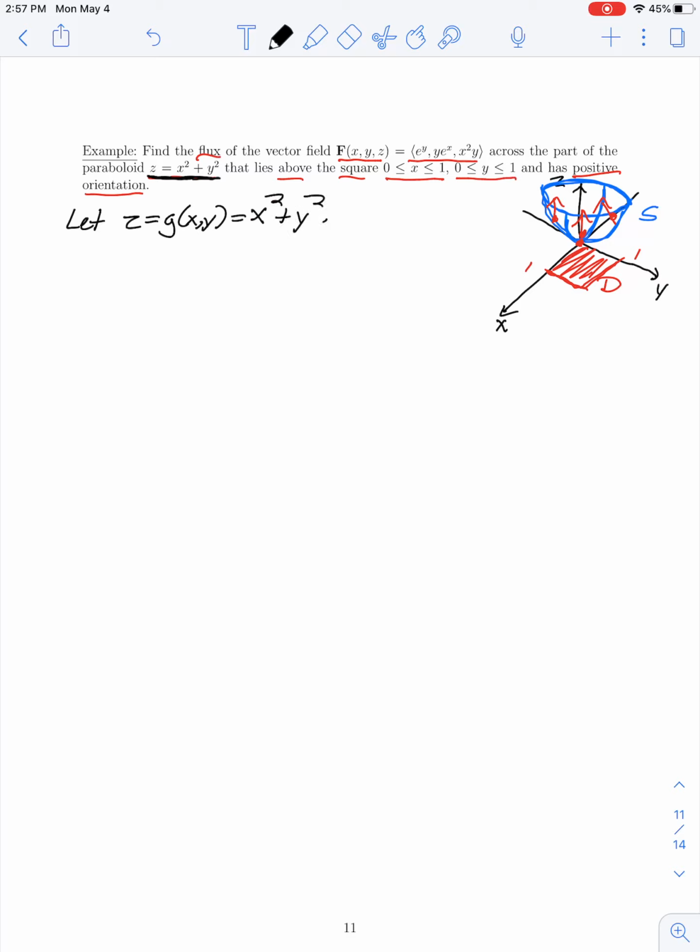So using our new formula for flux, we would have the flux is defined as this integral of our vector field F across the surface S. And to calculate it, we convert this to a double integral over the square D, that is the projection onto our xy plane. Here we were told we're only interested in the part of our surface lying above that square.